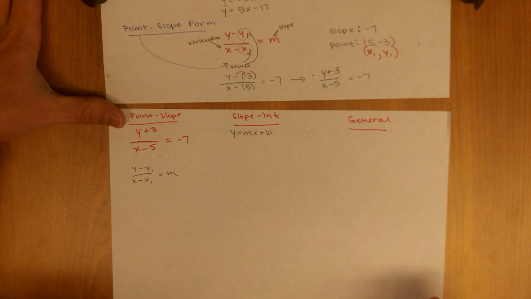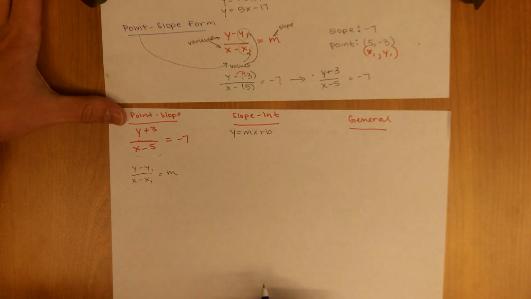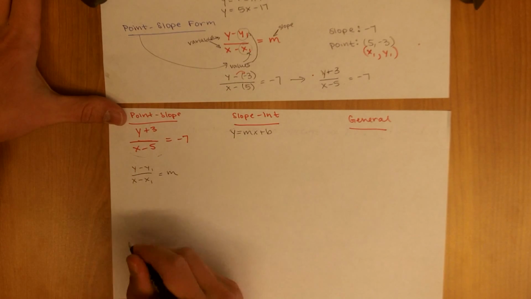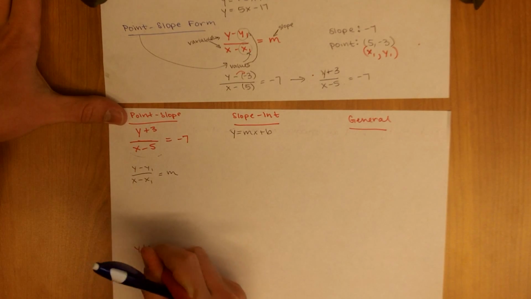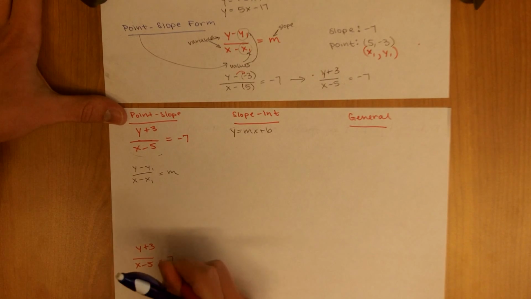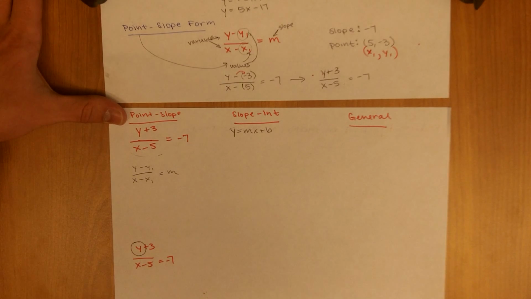Everything else is on the right. Let's do that with this point-slope example. Let's move everything away so we only have this y by itself. So again, I'm just going to rewrite it down here. (y + 3) over (x - 5) equals -7. Now I'm circling my y because that's the only thing I want on that side, so I know I have to get it all by itself.